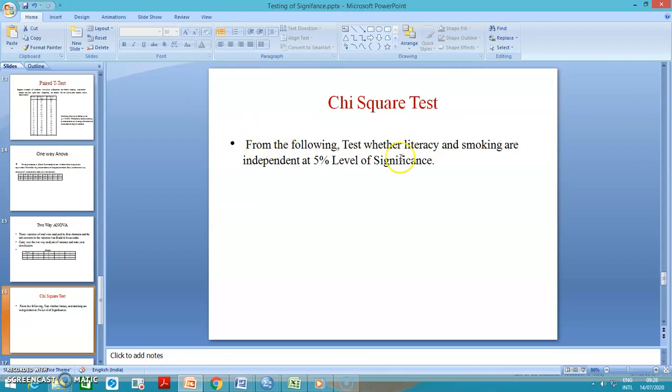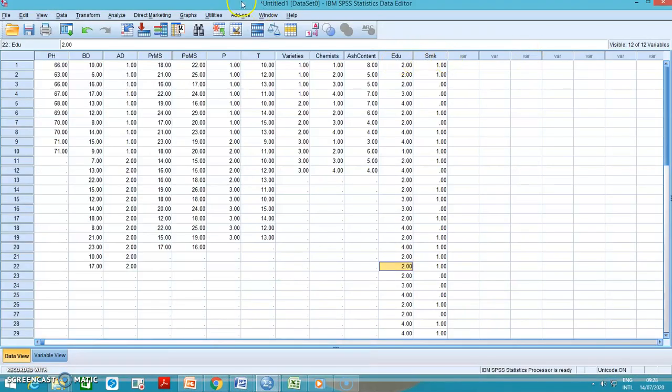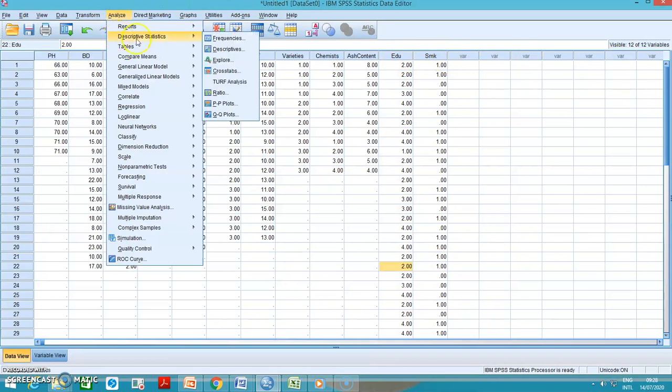So here the data is in SPSS. Test whether literacy and smoking are independent or not at 5% level of significance. Whether they're independent or not, we don't know, so we claim it as the null hypothesis. So we need to understand whether these two things are the same or not. Analyze and then go to Crosstabs.